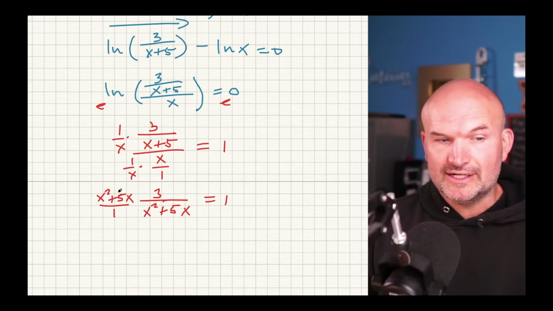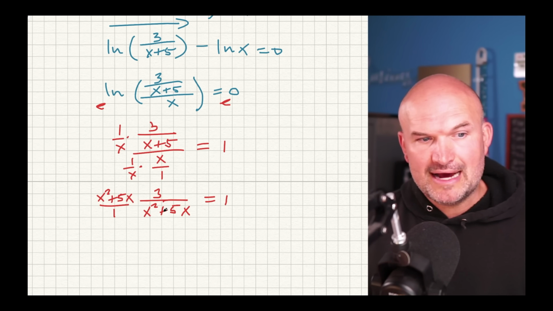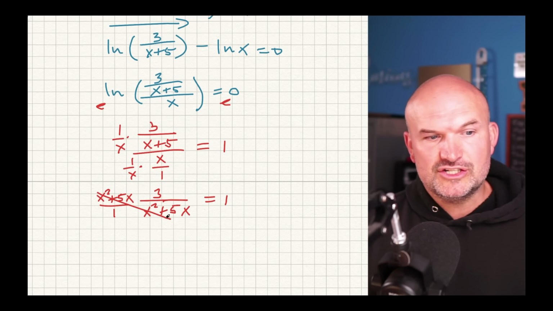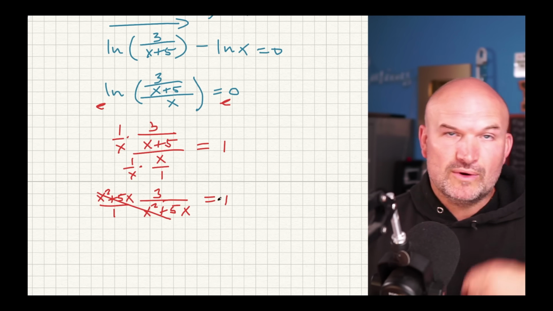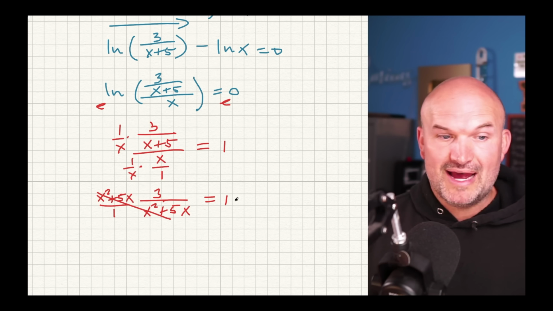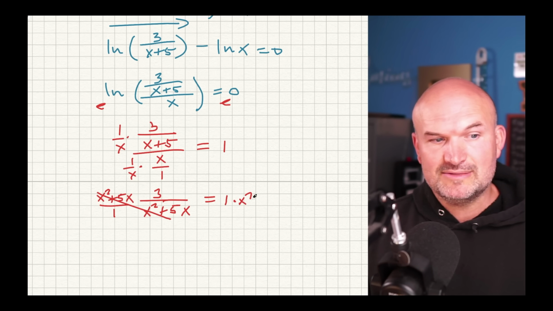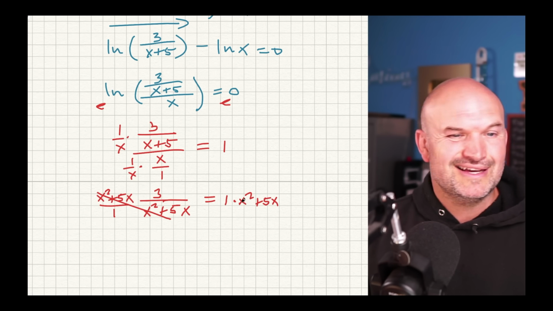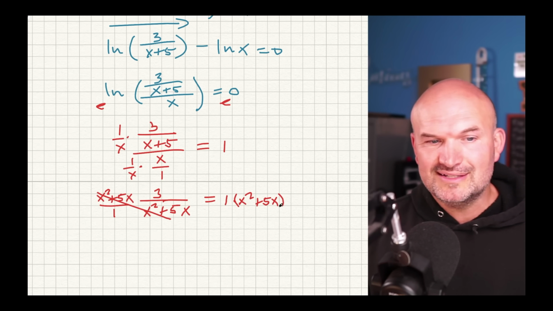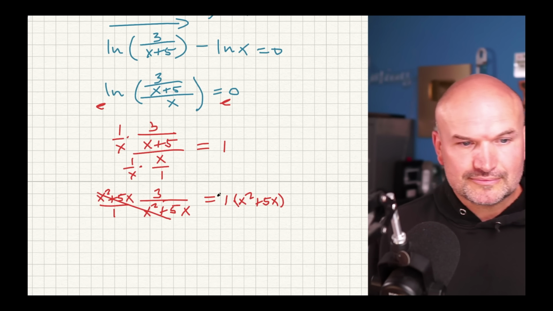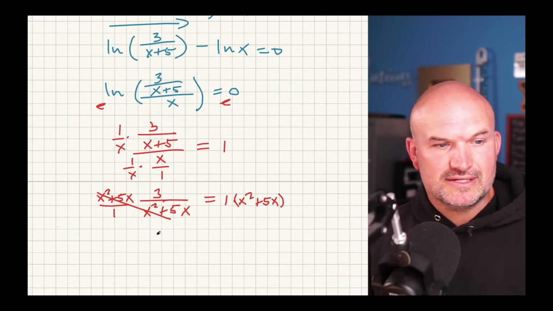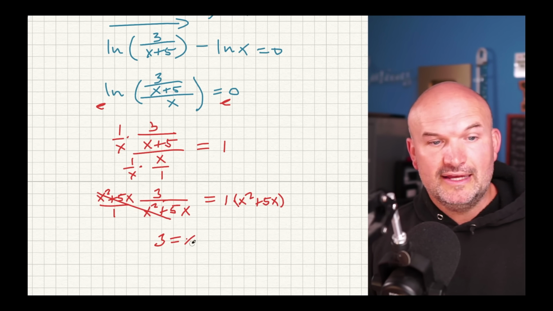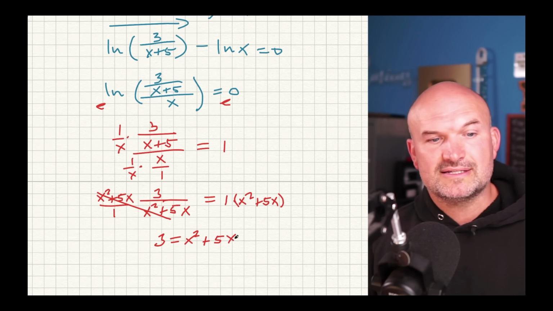Again, my whole goal here is just to get this off that denominator. Now again, these are actually just going to divide out. But whatever you do on one side, remember, you have to do on the other side. So I'm going to multiply this by x squared plus 5x. Since it's all just multiply by 1, it doesn't really matter. It's just going to be x squared plus 5x. So therefore, I'm left with 3 equals x squared plus 5x.